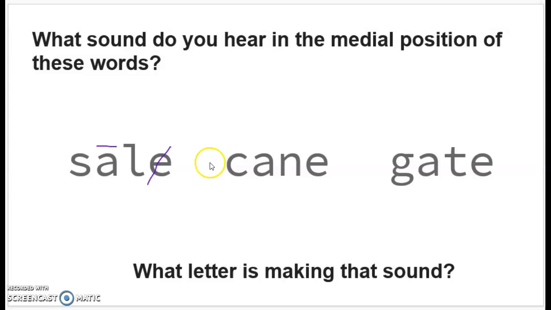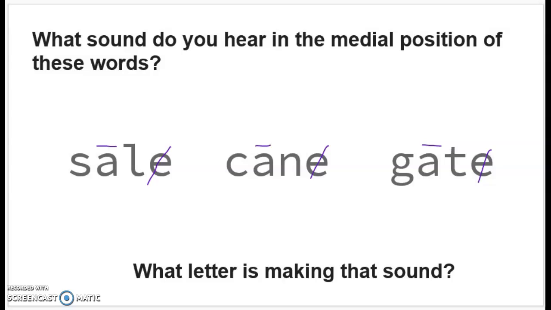S-ale, k-ain, g-ate. That's how we code our sneaky E. He is quiet so he can scare the A. Our new keyword for A consonant E has the A sound.